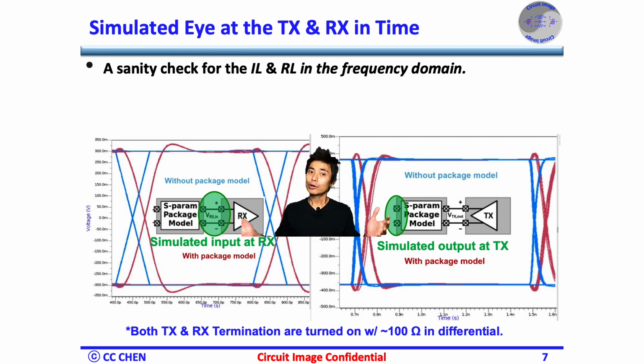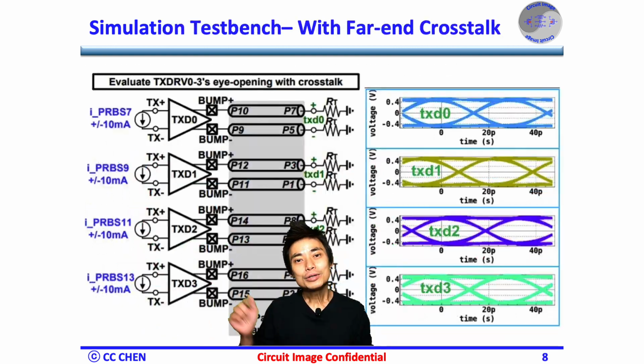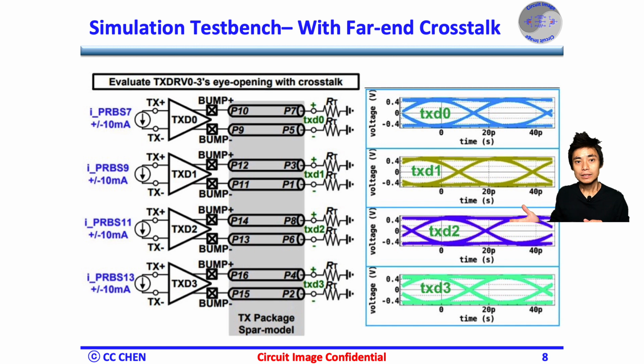So what else should we do? Correct. You can simply set up a time domain test bench with the crosstalk by turning on all the TX actively to observe the eye width and eye height in each lane.